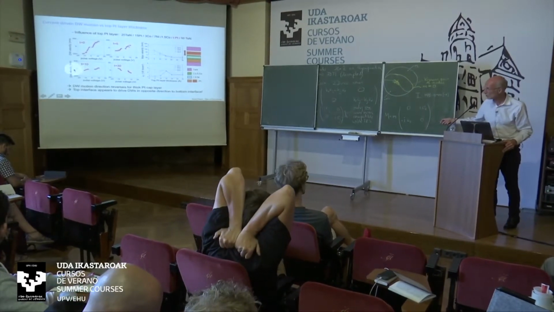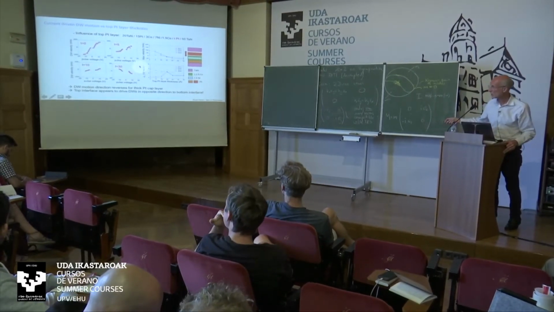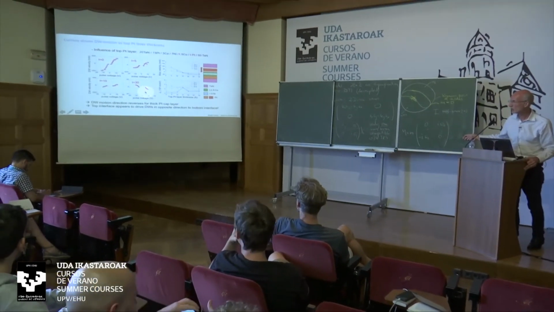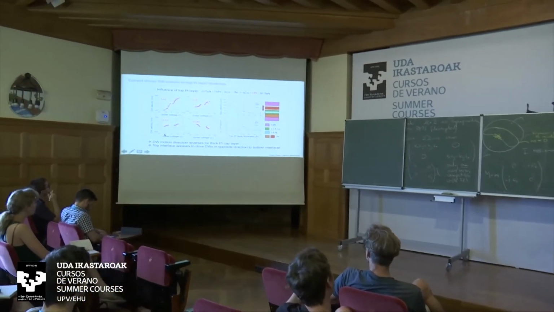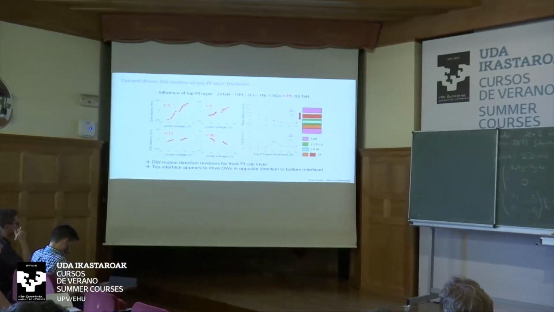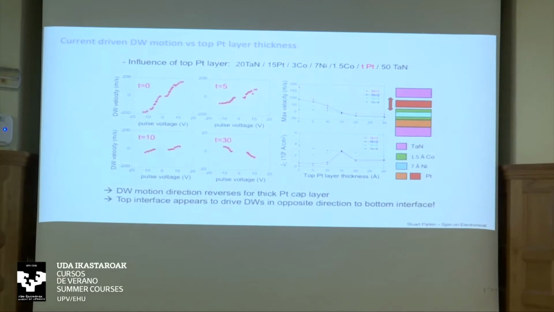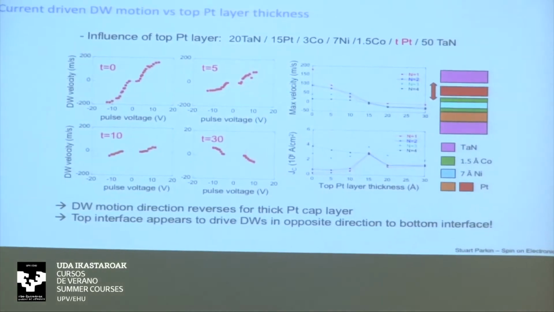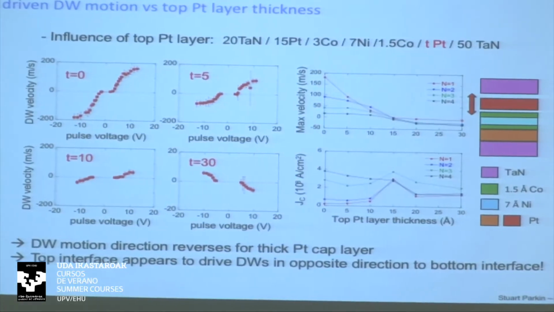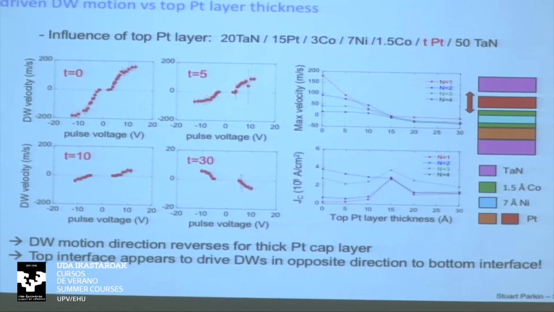And you add 10 angstroms, and it's quartered, and at 30 angstroms, the domain walls will actually be moving in the opposite direction. So it turns out that these upper and lower layers are doing something to manipulate the domain walls, but they're doing it in opposite directions. And so these capping layers and underlayers can compensate each other.